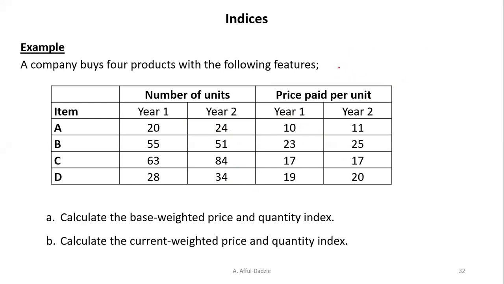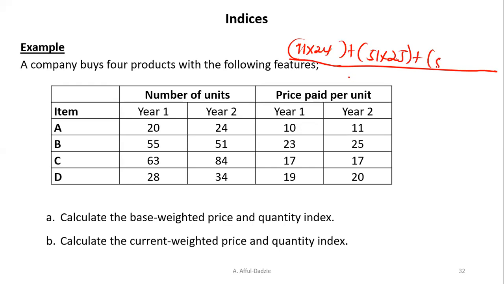So here, for the top, you're going to have 11 times 24, plus 51 times 25, plus 84 times 17. Let's assume there are only three. And then the last one you can add too. And then for the bottom, which is the P naught, you're going to have Qn.